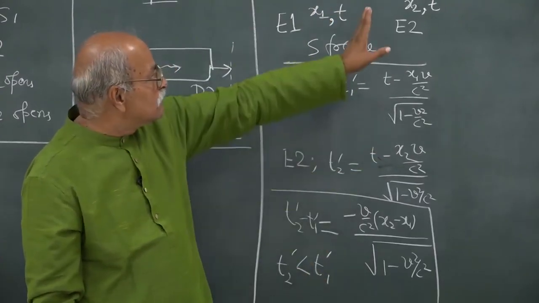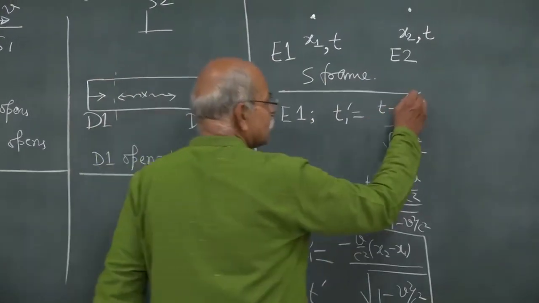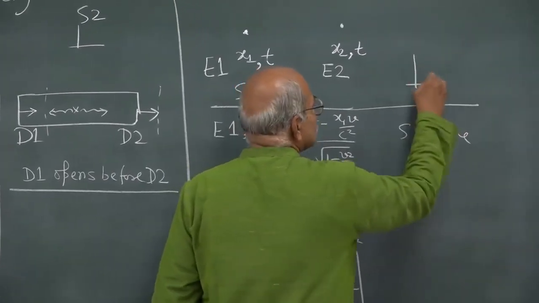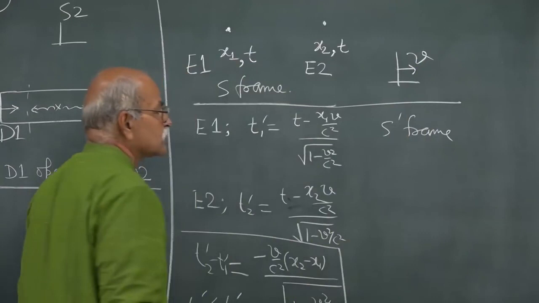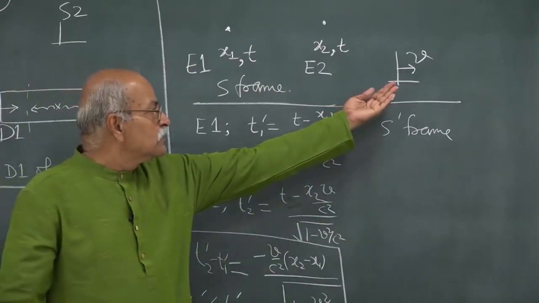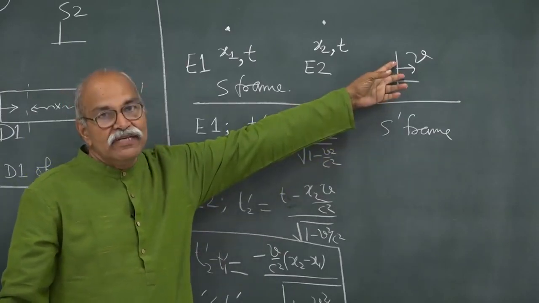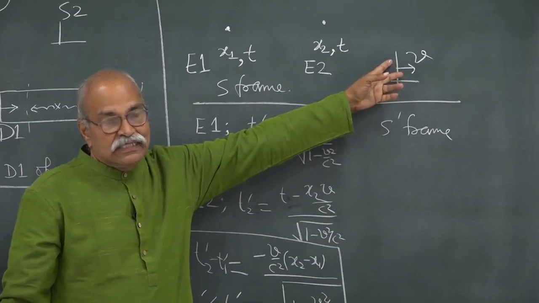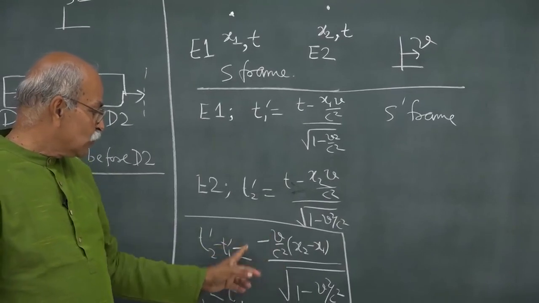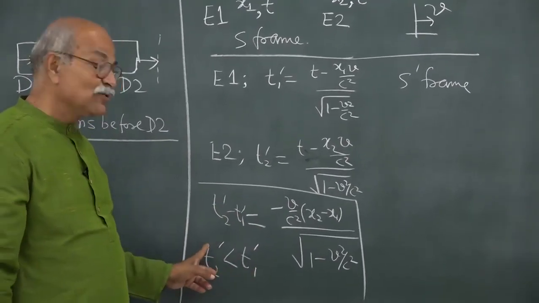This we are writing from S prime frame, and remember S prime goes in the direction positive x axis. So if you have a third frame which is going in the opposite direction, only thing you have to do, write v equal to minus v. Then this whole thing will become positive, and then T2 prime will be greater than T1 prime.